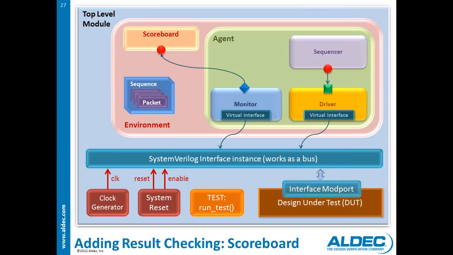So, of course, the scoreboard could be inside the agent, but it's not necessary, especially in case of advanced scoreboards that compare data coming from multiple sources. It will be very normal to keep them at a relatively high level. Okay, so now we finally see all typical elements of an environment built using UVM, a test environment built using UVM.